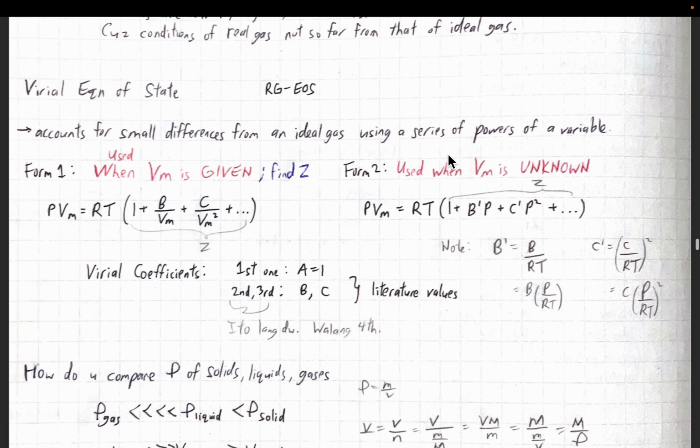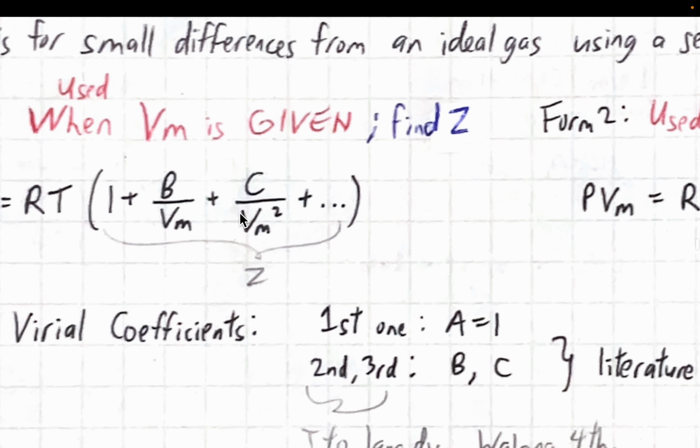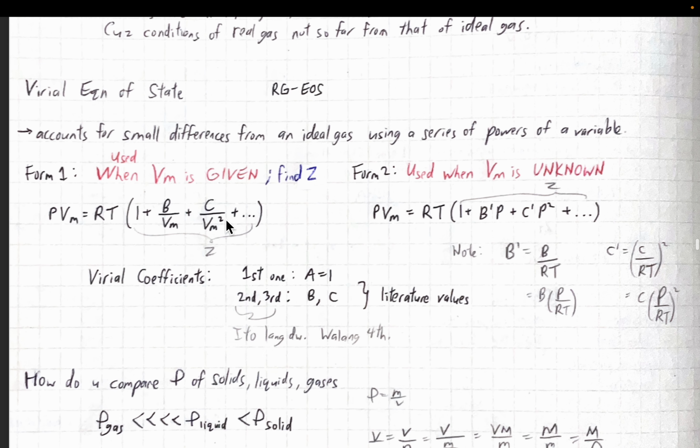When the molar volume is unknown, then you use this. So the B, sorry, this is not an apostrophe, B prime rather. This is basically B over RT. In the same sense, C prime is C over RT. Don't forget the squared. Notice here from Form 1, the molar volume when it comes to C is raised to 2.